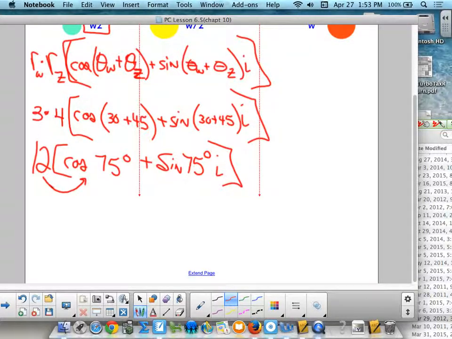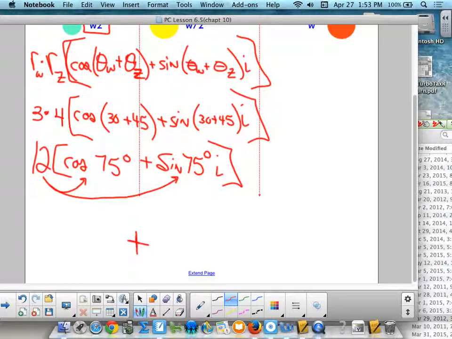Okay. Is there anybody out there that wants to do this? Is anybody tempted to do that? Nobody? If you did it, what are you doing? Okay, somebody do this. 12 times cosine 75. Do that, please. I need you to tell me what you just did.